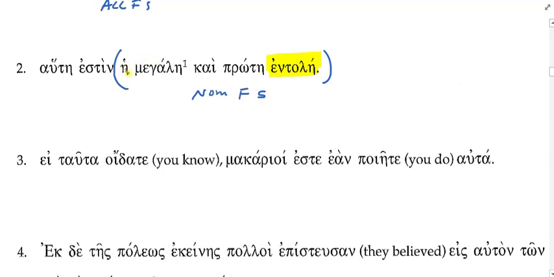Yeah. But with that article there, it's the great and first, which indicates that it's superior. It's at the top, right? So yeah. So I mean, most of our translations will say greatest as well. And then this has to be fit into the context of the larger sentence, right?